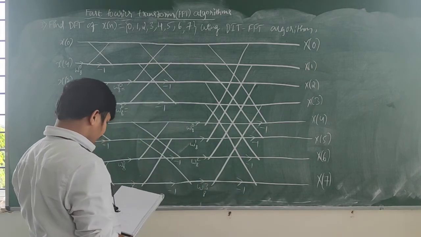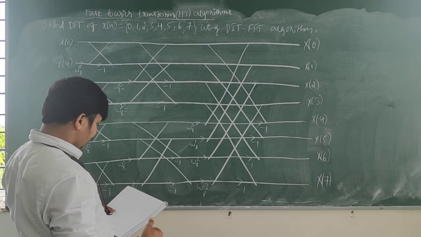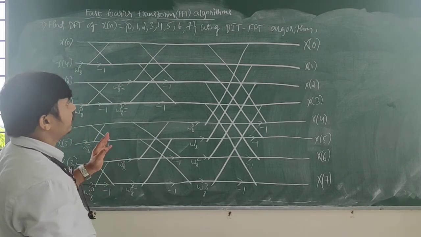Okay, so W8 power 0, W8 power 1, 2, 3. So this is my butterfly structure.